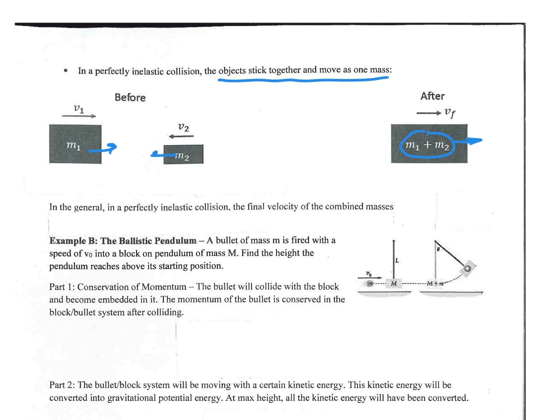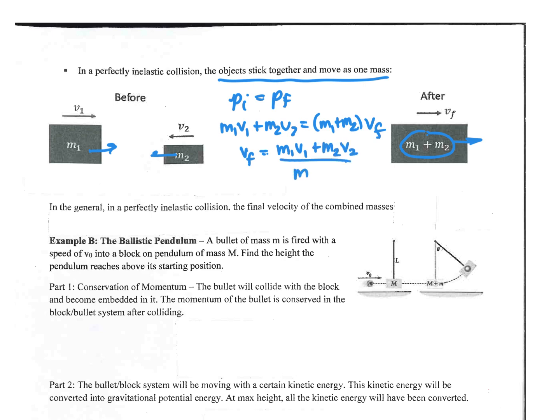So what does that look like? P initial equals P final. So that looks like M1V1 plus M2V2 equals M1 plus M2 times V final. So we get this combination. So what is the final velocity? Well, in general, the final velocity is simply going to be the initial momentum of the system divided by the total mass.